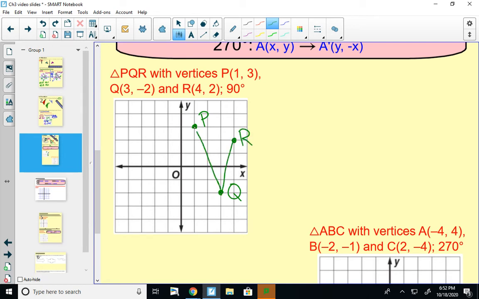This is my original or my pre-image. I'm going to rotate it 90 degrees about the origin.